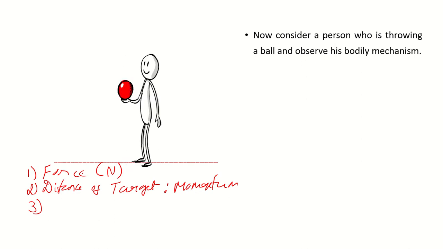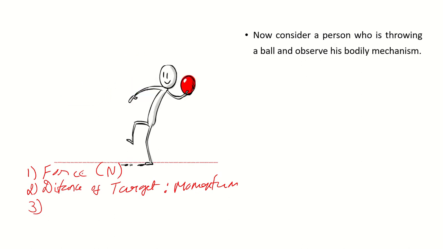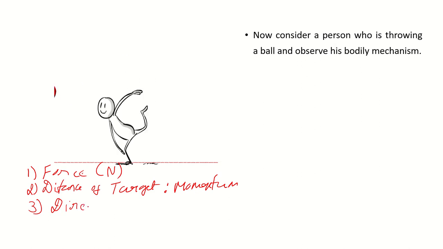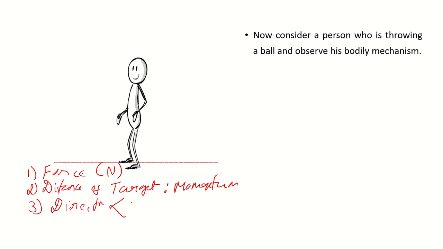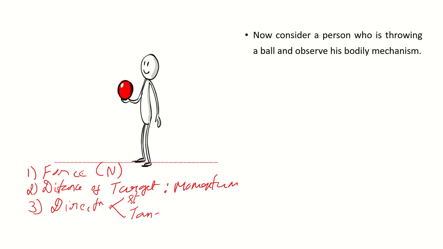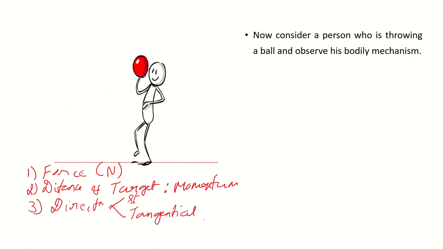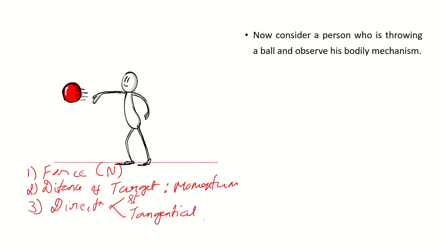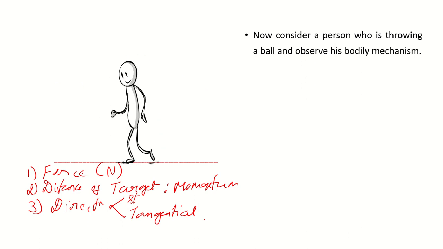Okay, the last one is definitely the direction of the throw. Either it is straight or it is tangential.